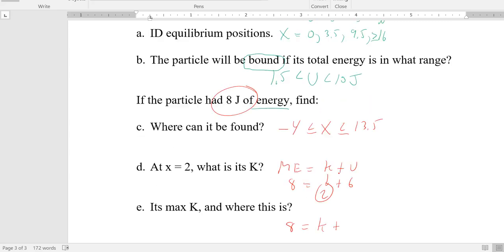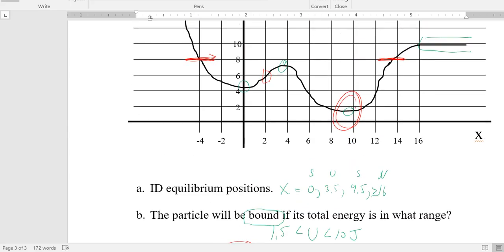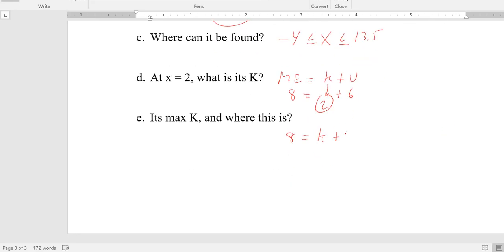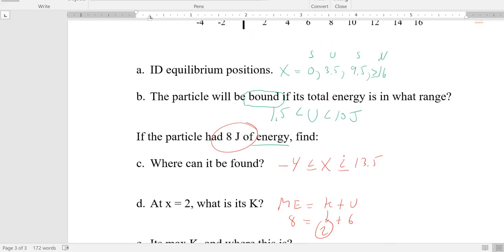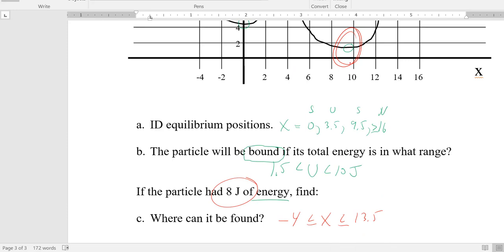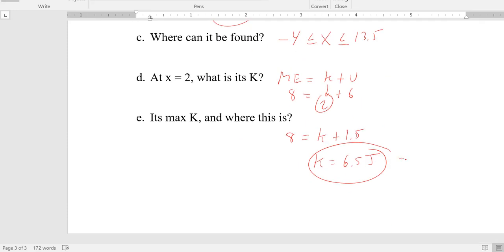The potential energy at that spot, we said, is about 1.5 if I read off the graph there. So the most kinetic energy this thing could have would be 6.5 joules of kinetic energy. And where is that occurring? That's occurring at about the 9.5 meter mark or so. So we could say at 9.5 meters.